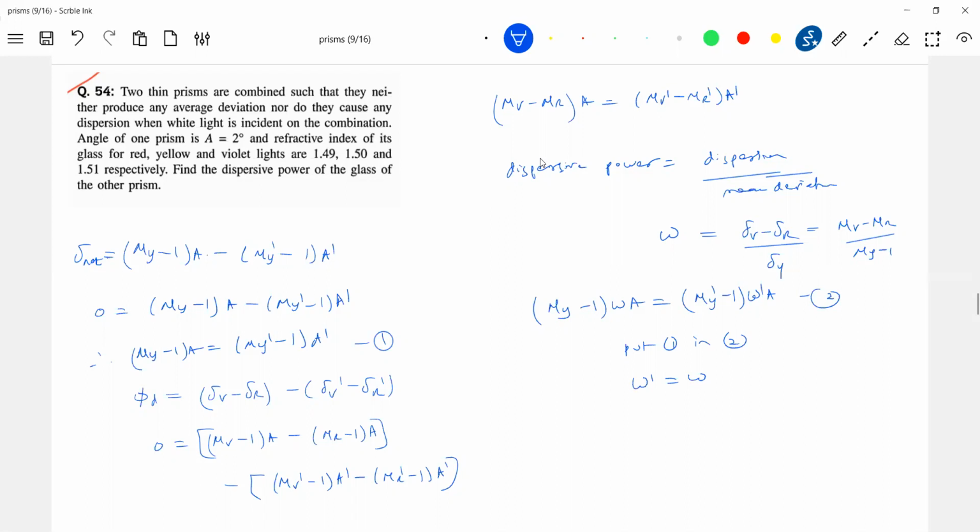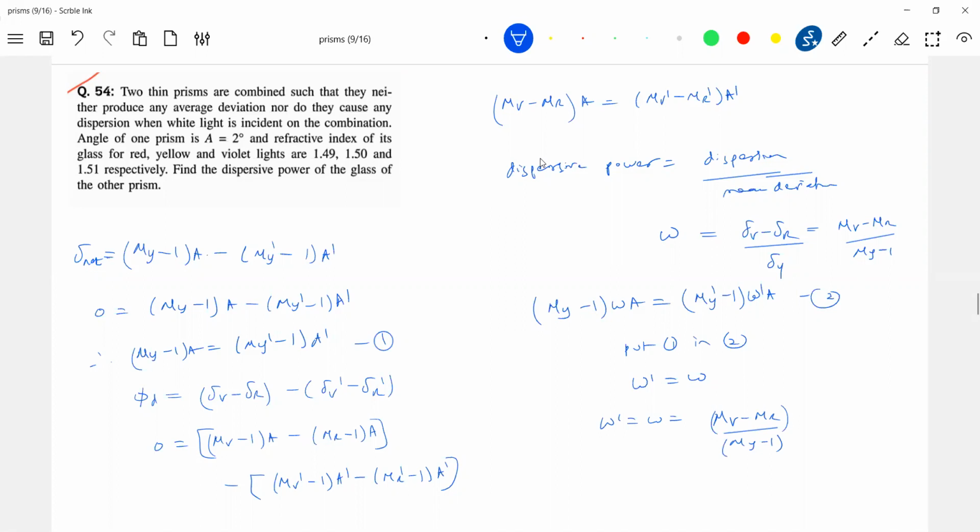Okay, now what we know is the formula for omega dash.